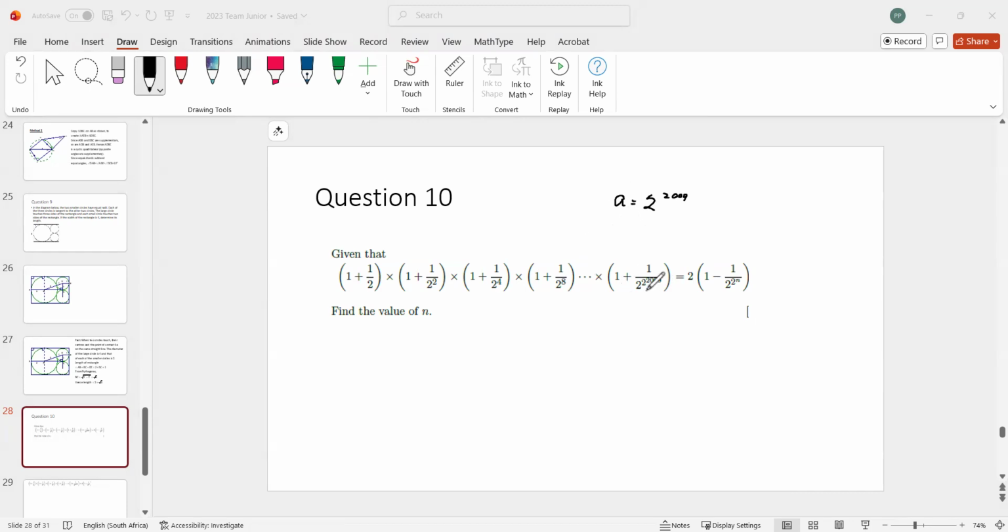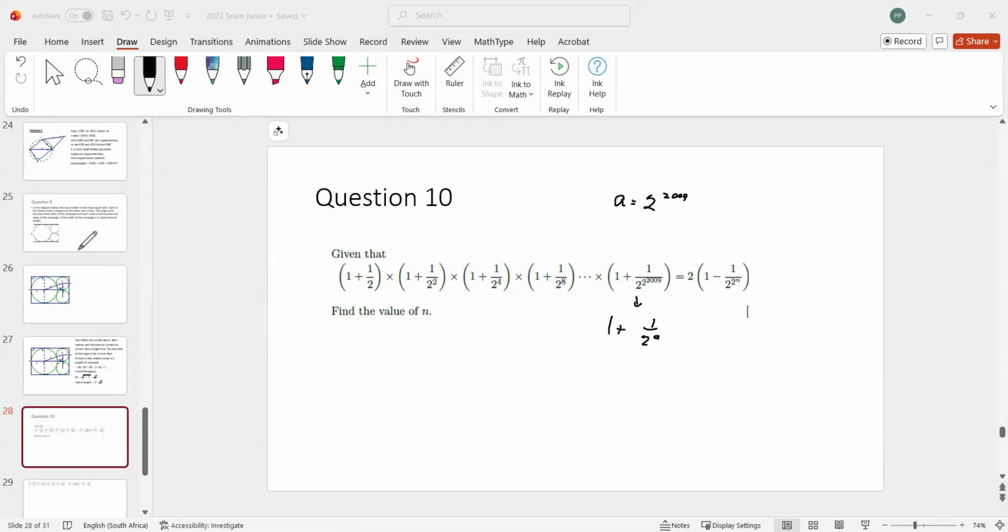Now, that is just the index here. So this last thing is 1 plus 1 over 2 to the power of, that index is a. So you got 2 squared, 2 to the 4th, 2 to the 8th, and the last denominator is 2 to the a, where a is that little thing.